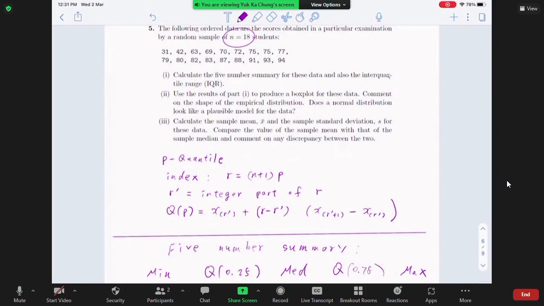It doesn't matter which way you use. Yeah, this is one way to make judgment.